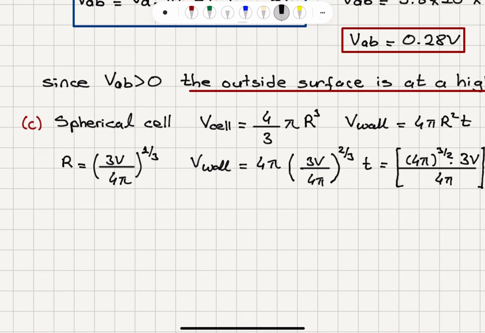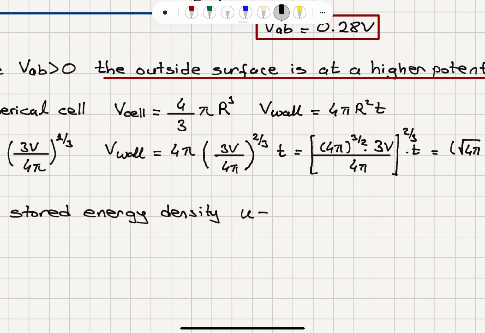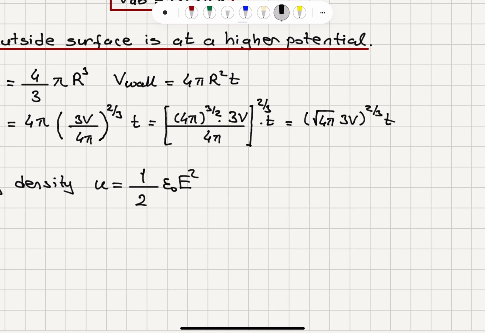How much is the stored energy? The stored energy density is given as 1/2 epsilon 0 magnitude of the electric field squared, and the total energy stored will be equal to the energy density multiplied by the volume of the wall.